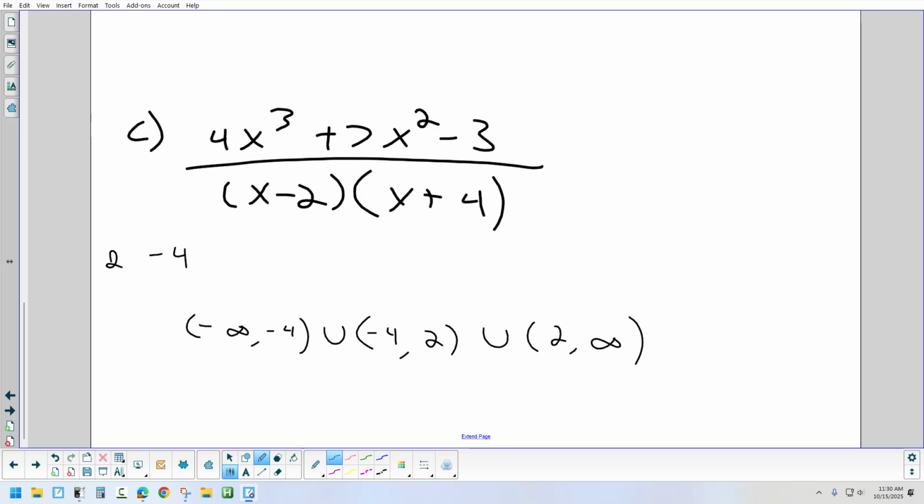So when you write your numbers, they also should end up being in numerical order: -4, 2, and then 2. That's in order lowest to highest, if you start with negative infinity. Okay, so there's a couple examples of finding the domain of a rational function.